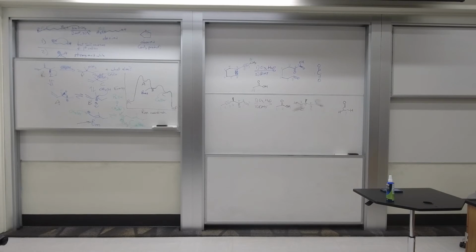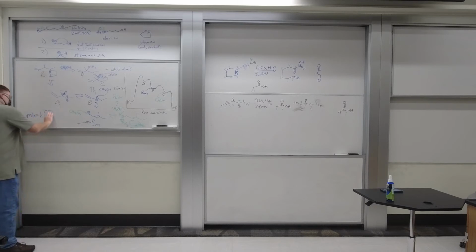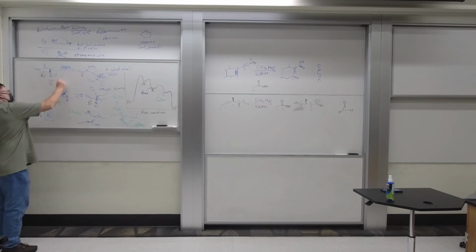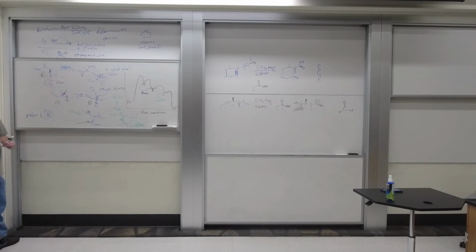SN1 and E1 are called SN1 and E1 because there's only one molecule in the rate law. It's a first order reaction. So the rate law for this is just some rate constant times the concentration of R, sorry, not A. Okay, this is the slow step and the one that determines the rate.